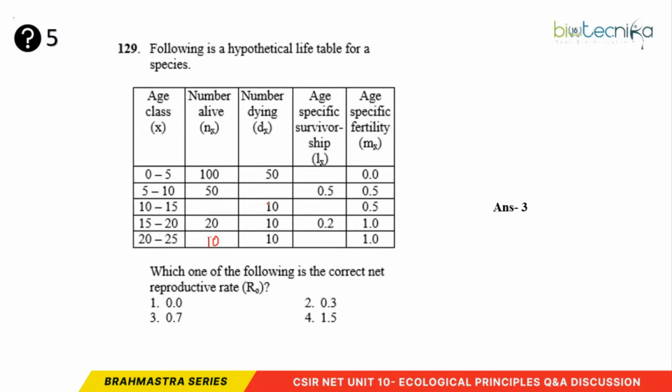Now 10 have died, 20 have reached the next class. That means how many were alive? 20 plus 10, which is 30. Now 50 minus something is 30. So that will be how much? 20. Once you've got this, now we can calculate your lx.